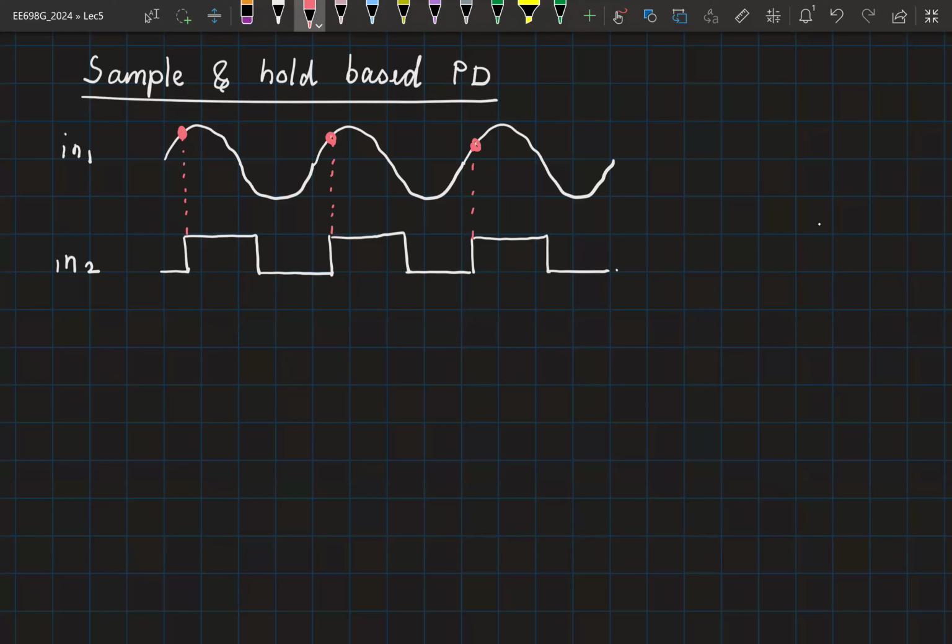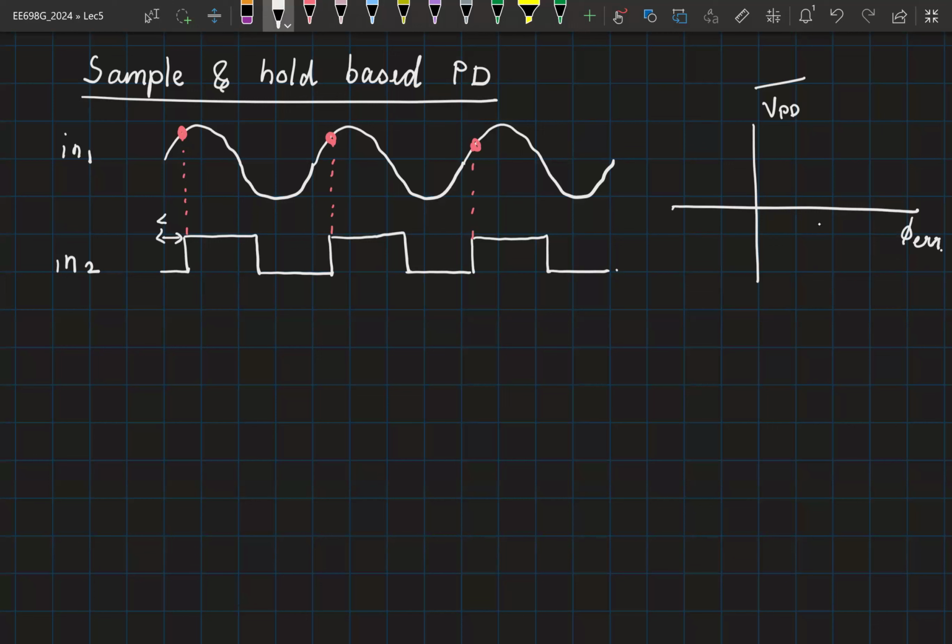Now, even before we get to the full-blown mathematical analysis of this, can you tell me what is the behavior you expect? Roughly, when you will expect to see the maximum, minimum, etc. So if I'm looking at VPD average versus phase error, where do you think you'll get 0?